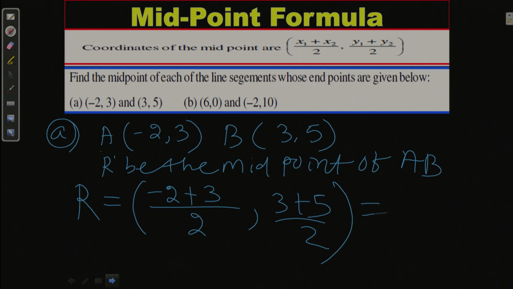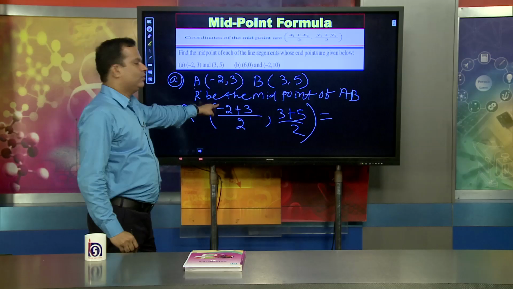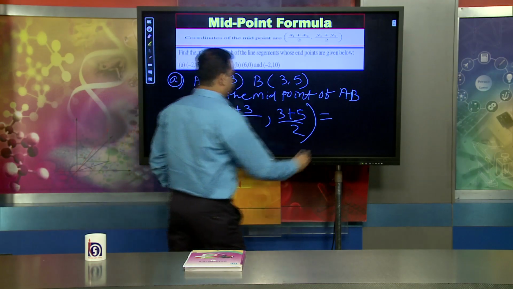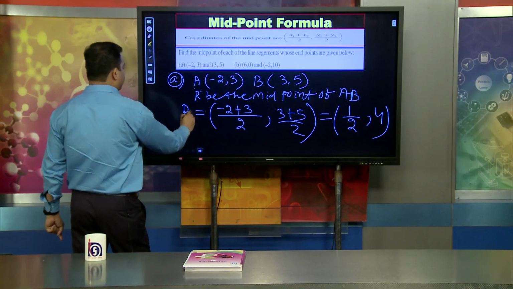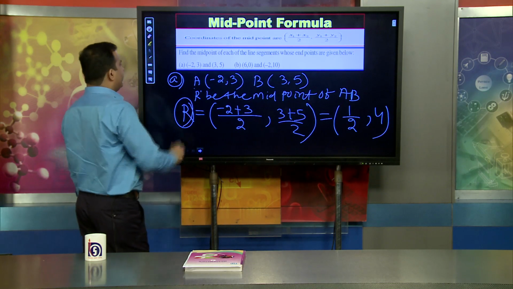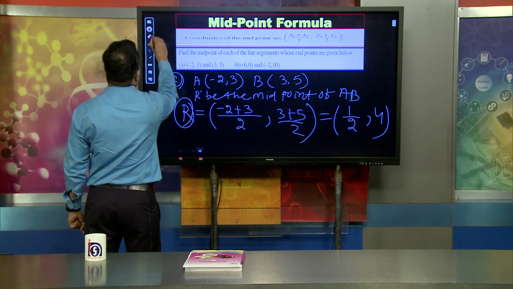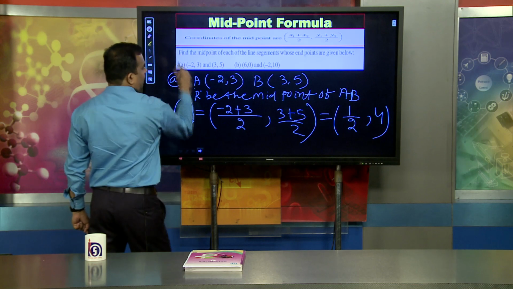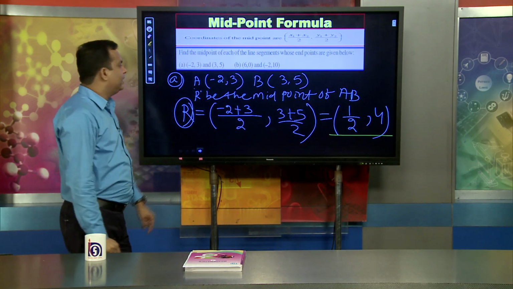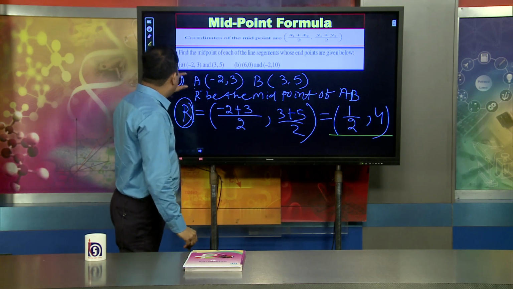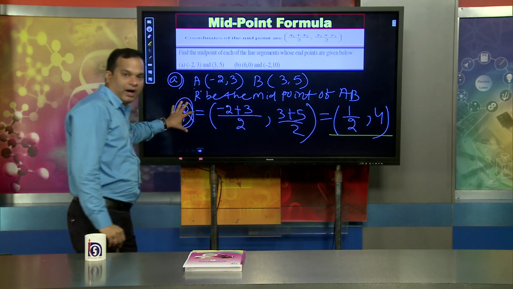When we solve, minus 2 plus 3 is 1, so 1 by 2, comma 5 plus 3 is 8, 8 by 2 is 4. So the midpoint R will have coordinate 1 by 2 comma 4.